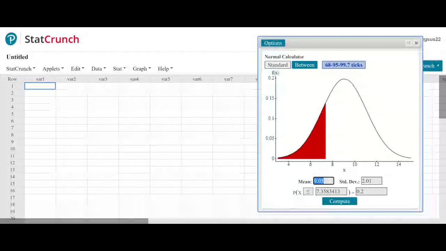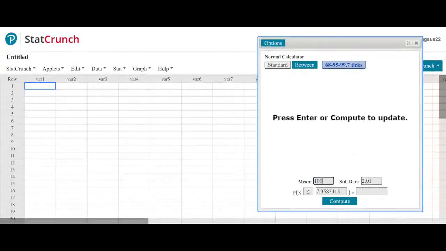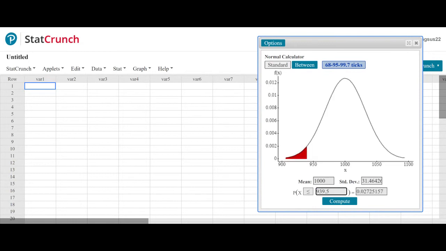So then I know that my mean was 1,000. I know that my standard deviation was 31.4642655. Then we're doing less than or equal to 939.5, and I'm getting 0.0273.